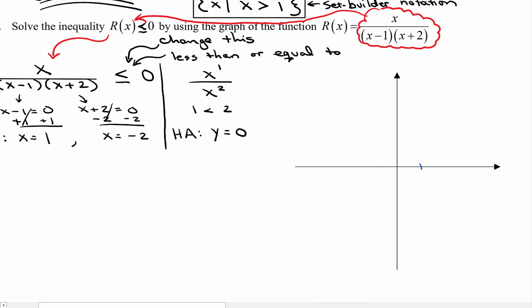I apologize. I'm such a perfectionist. If these don't look evenly spaced out to me, I will keep trying to draw them until I'm happy with them. You guys are just going to have to forgive me for trying a little bit too hard here. I should go easier on myself and whatever I draw first, I should just be happy with that. But look at how crooked this vertical asymptote looks.